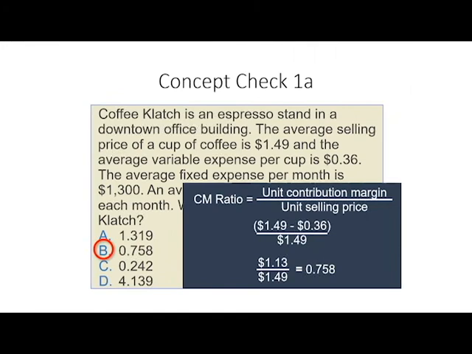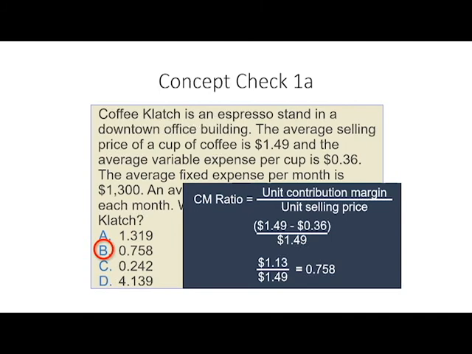Now we look at how we calculate the CM ratio here. Unit contribution margin divided by the unit selling price. How do we get the unit contribution margin here?